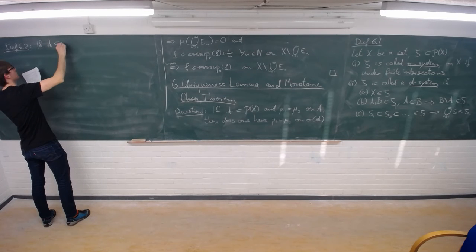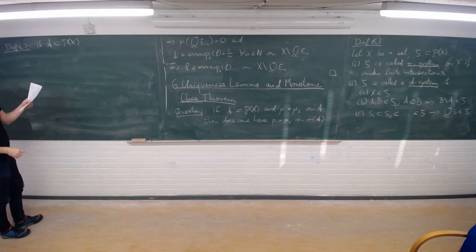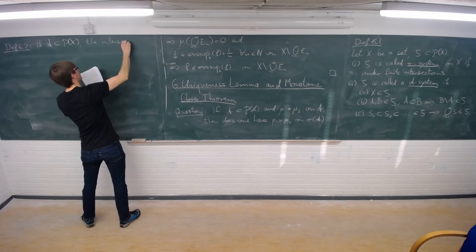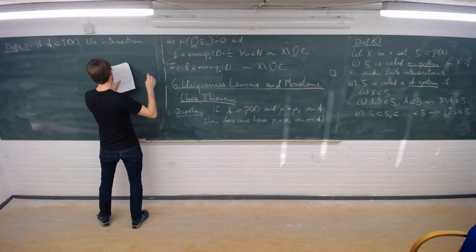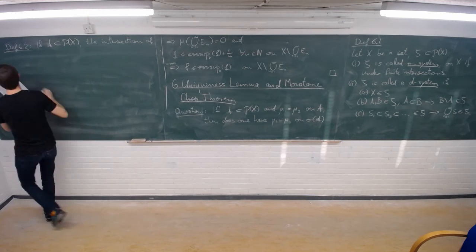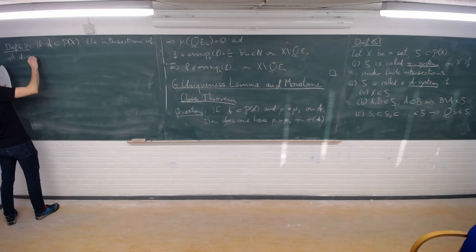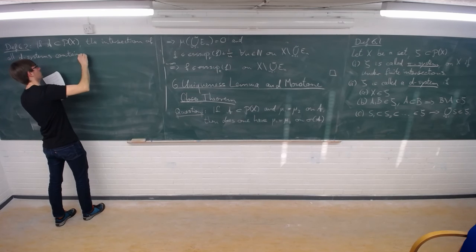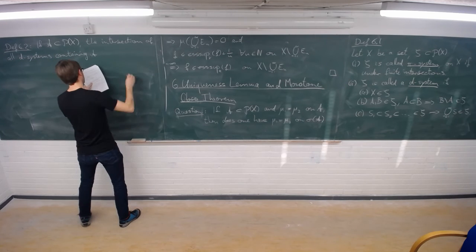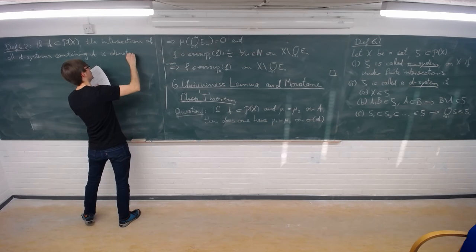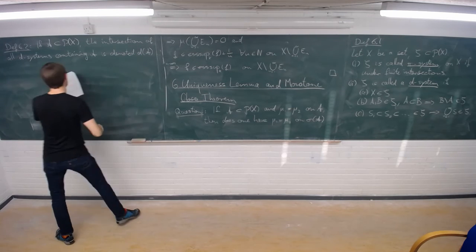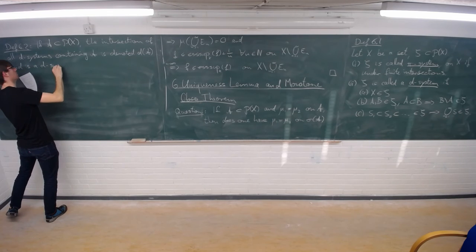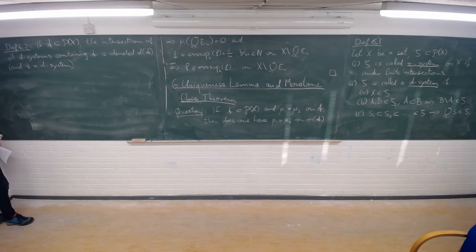If A is a collection of subsets of X, then the intersection of all D systems containing A is denoted D of A, and it's again a D system.